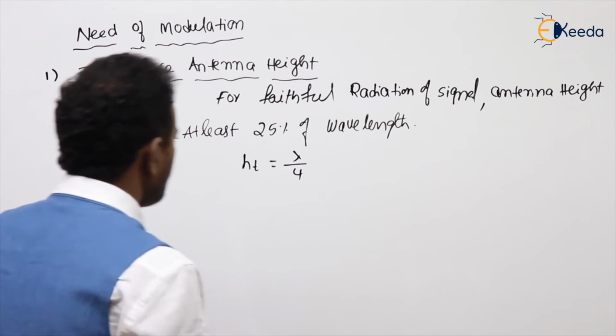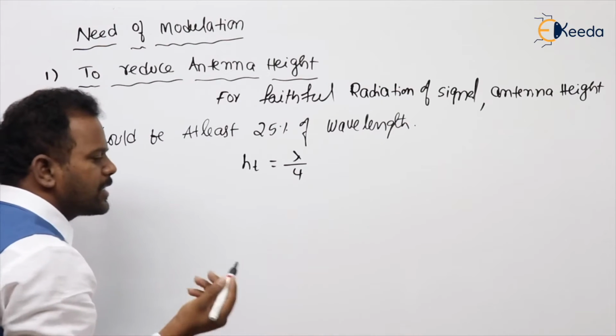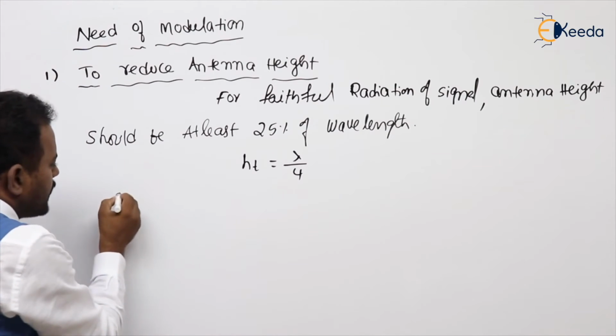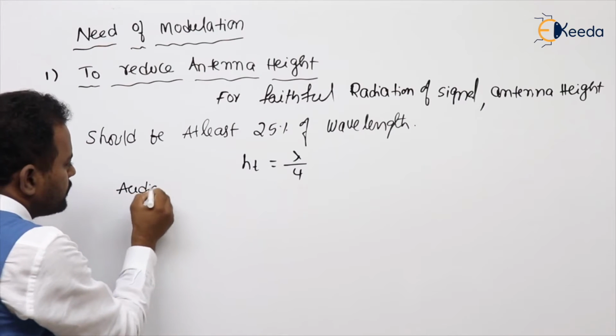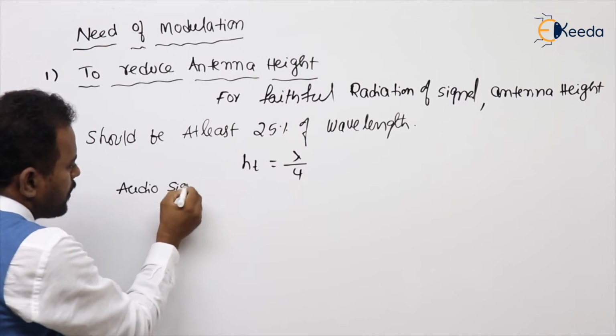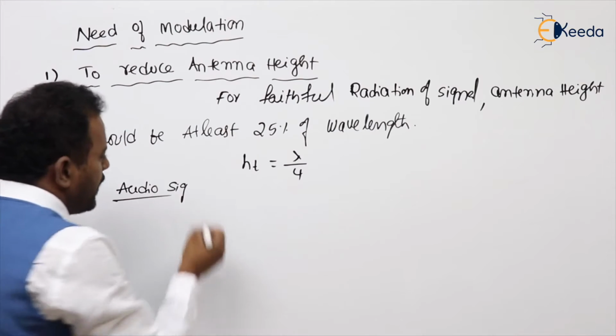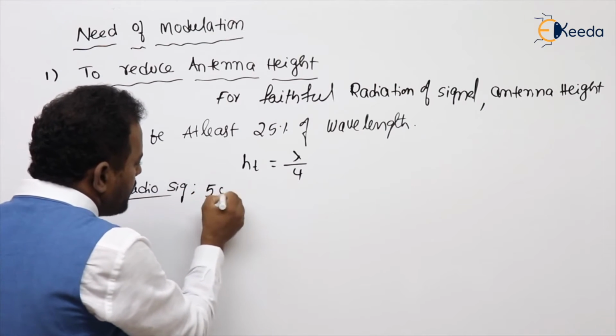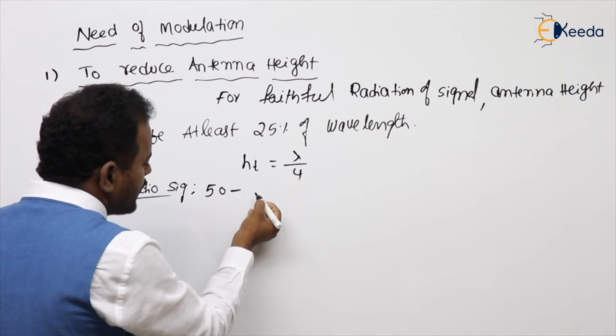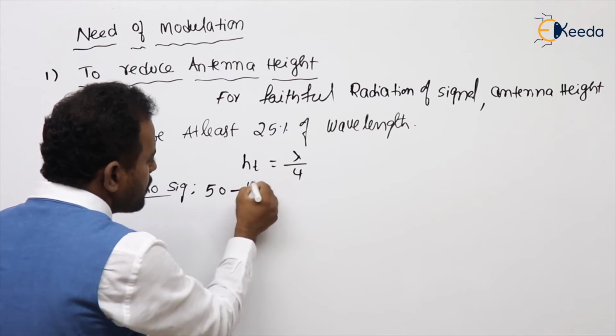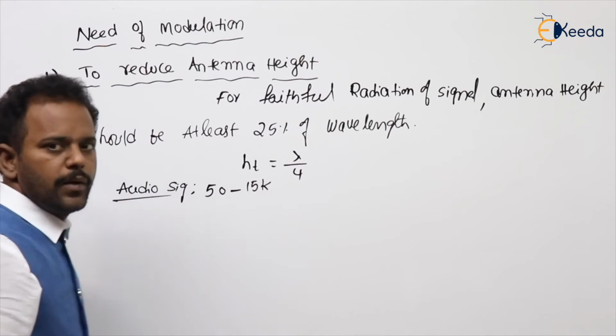Let me take what we are listening to in FM radio. We are listening to the audio signal. What is the audio signal range? 20 to 20K. But in practice, for FM radio radiation we take a minimum of 50 and a maximum of 15K. Why?